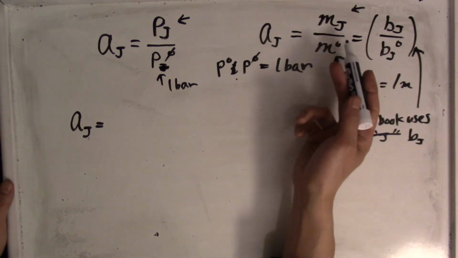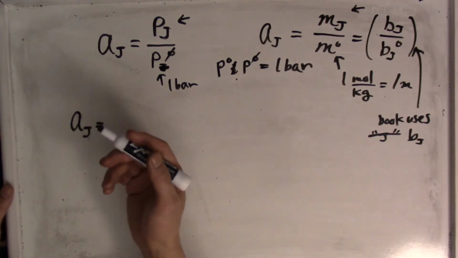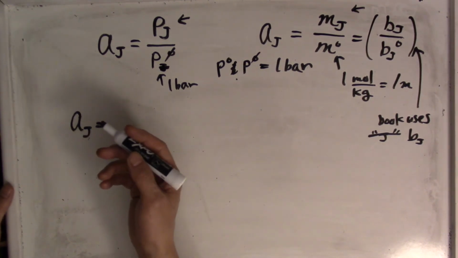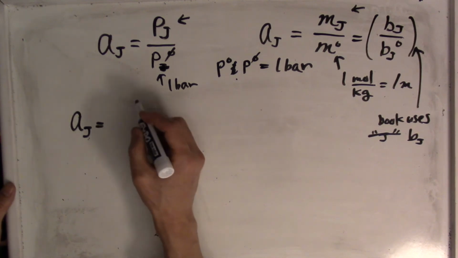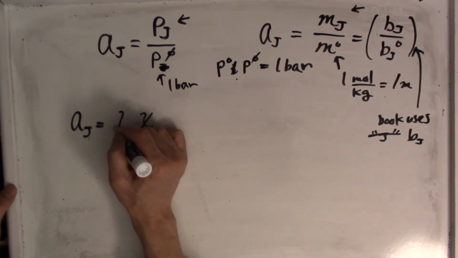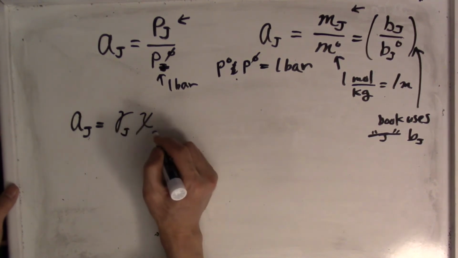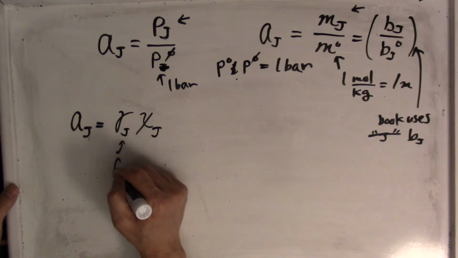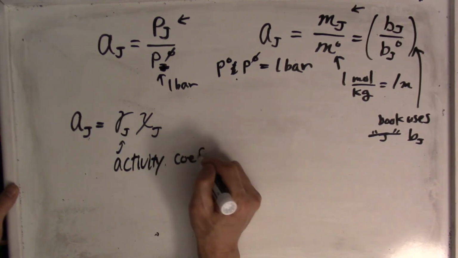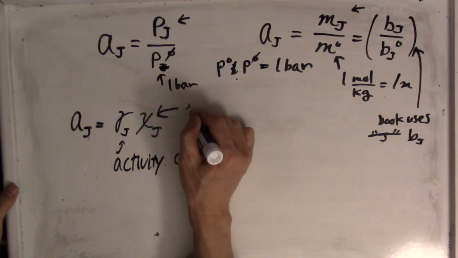Another concentration term that you can use, which is not temperature dependent, is mole fraction. If you use mole fraction, there is something called the activity coefficient. So the activity coefficient of J times the mole fraction of J. This is called the activity coefficient, and of course this is the mole fraction.